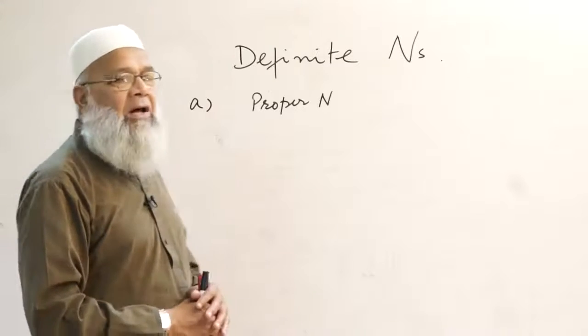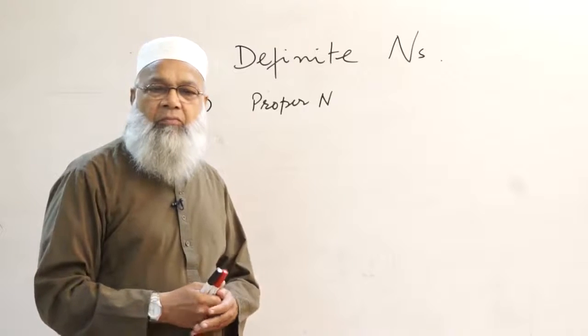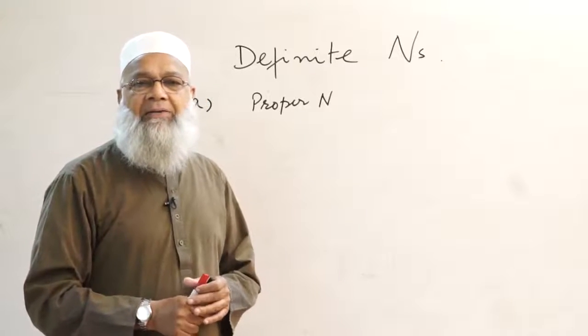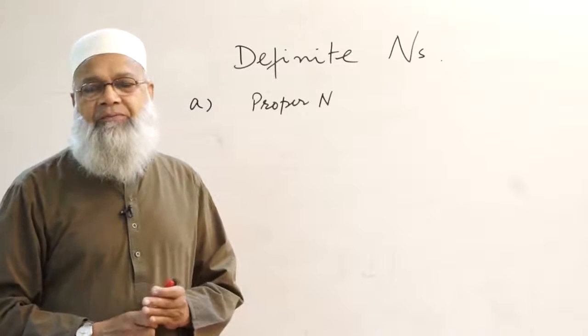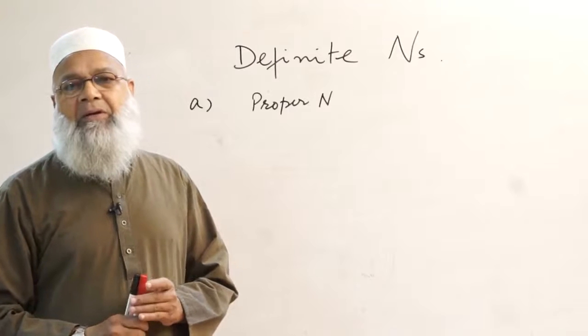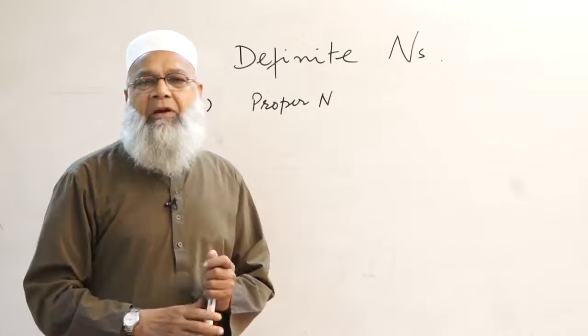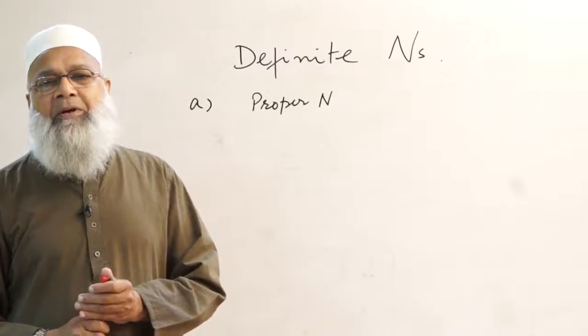You know, man is the common name of all the men, but each one of us is given a name. My name is Abdussamie. Someone may be Shahid, Zahid, William, etc. So these are the proper nouns.